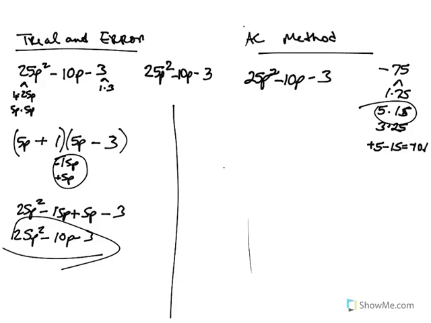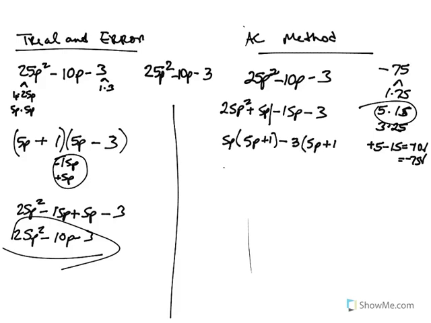All right, so I get my negative 10, and if I multiplied them, I would get the negative 75. So 25p squared plus 5p minus 15p minus 3. I factor out my 5p, so 5p plus 1. GCF in the second group, negative 3. So 5p plus 1 times 5p minus 3. Okay?